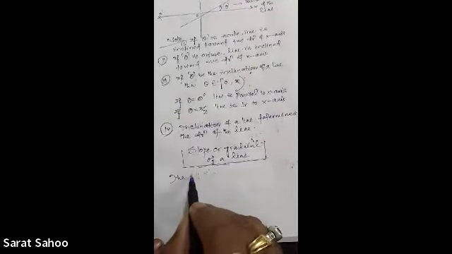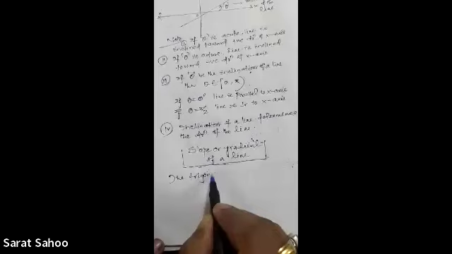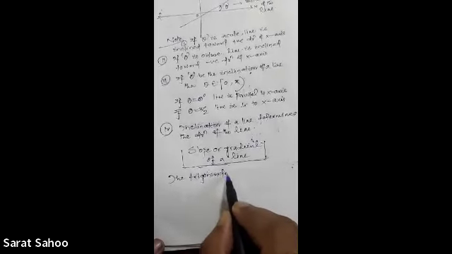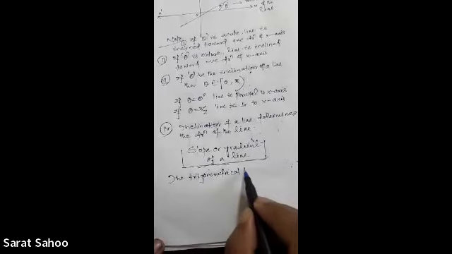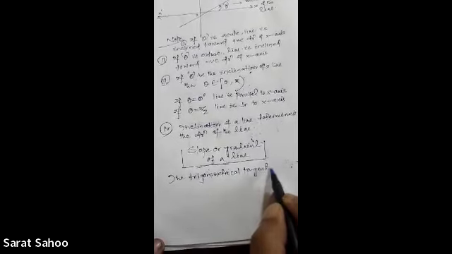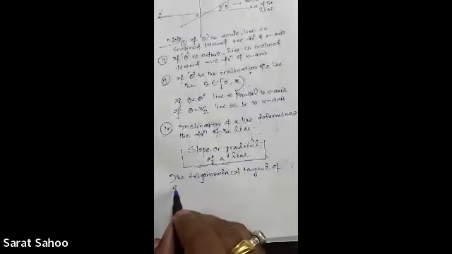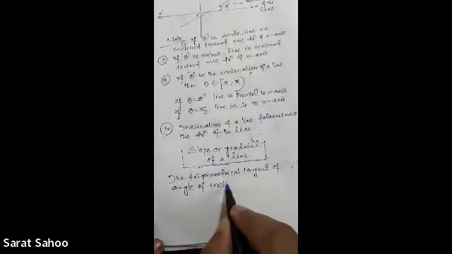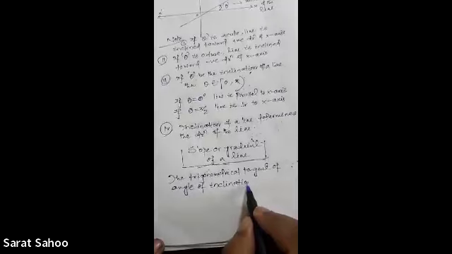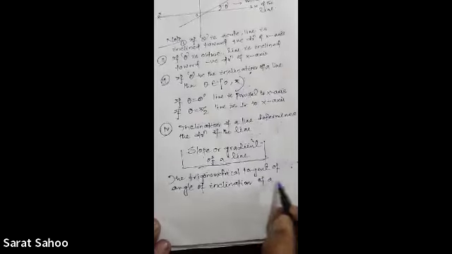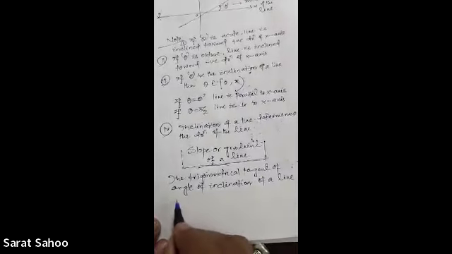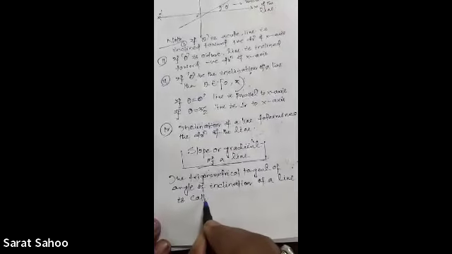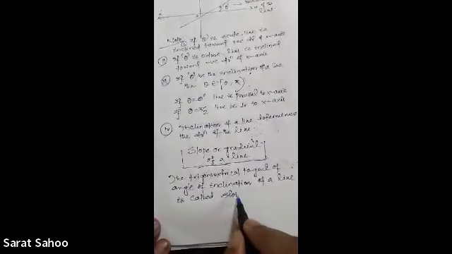The trigonometrical tangent of the angle of inclination of a line is called the slope or gradient of the line.